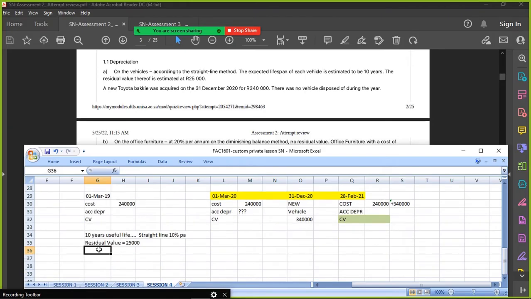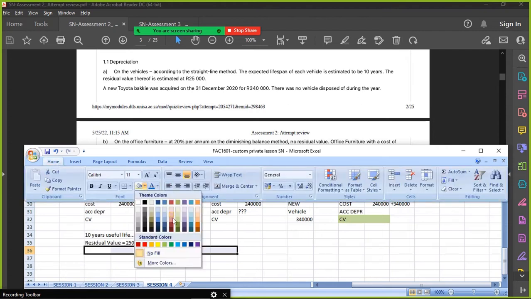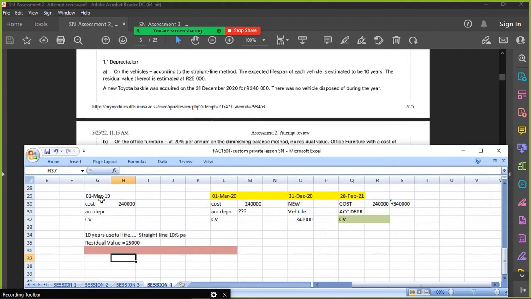So if I'm looking at this period, okay, so March to March, that would be 1 full year. Do you agree? Okay, so the depreciation would be the 240,000 times 10%.